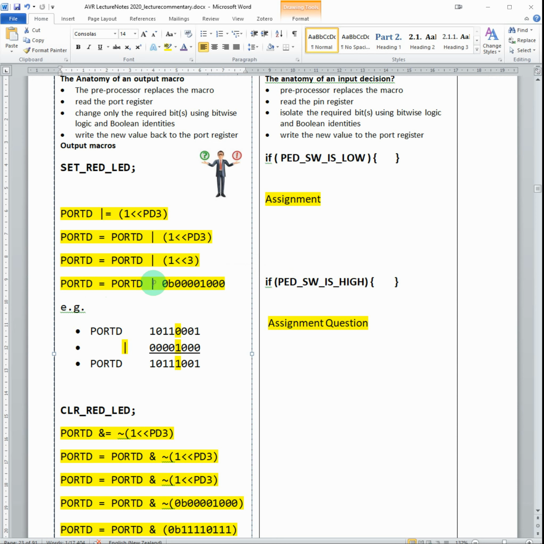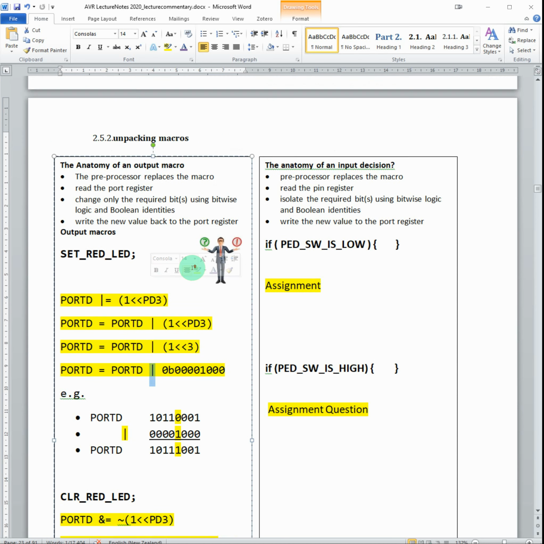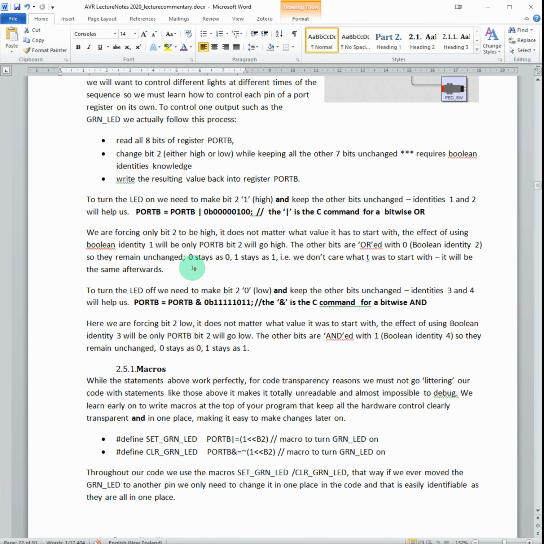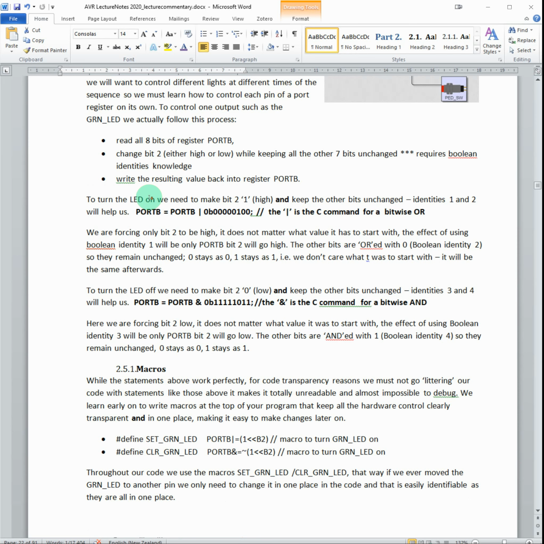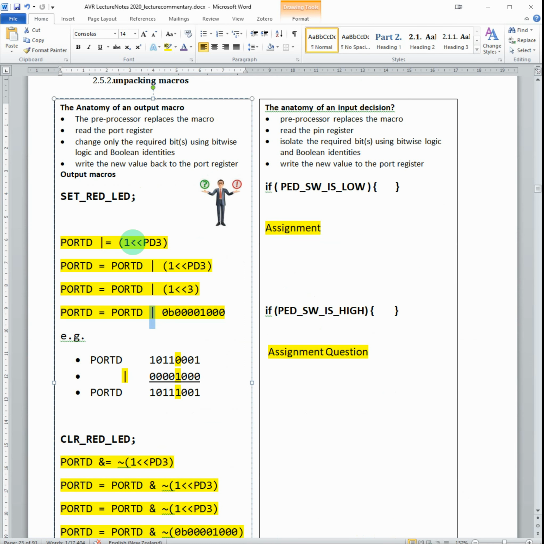So remember, ORing it means, if we go back to our macros, if we OR something with a 1, then it goes high. If we OR it with a 0, that means it keeps its existing value. So what we're doing here is we are reading port D, we're ORing it with this combination of bits, and that means that all these other bits, no matter what they are, those 4 there and those 3 there, if we OR them with 0, they maintain their existing value.